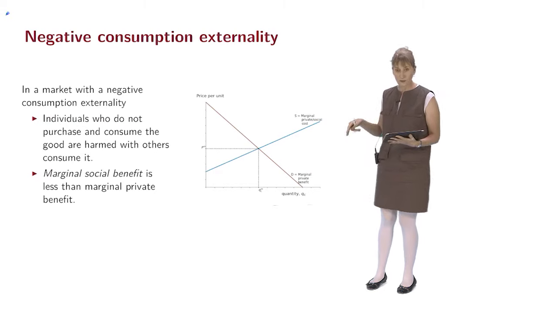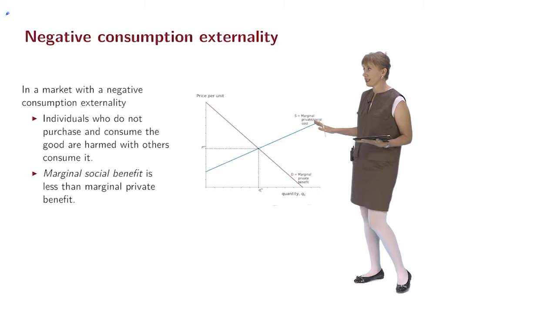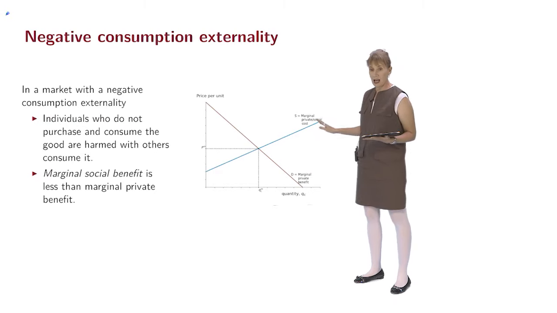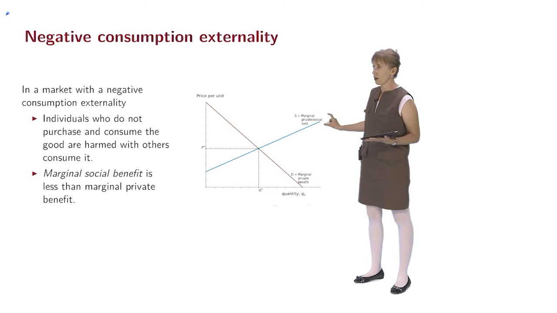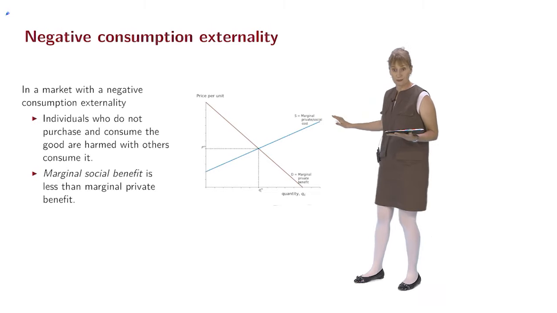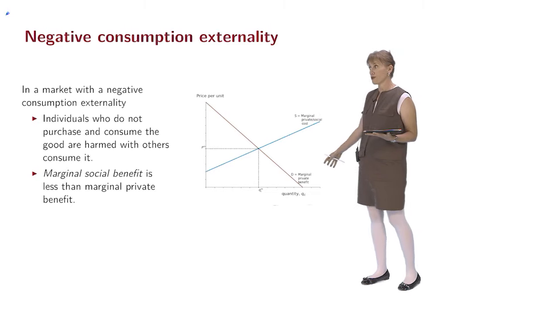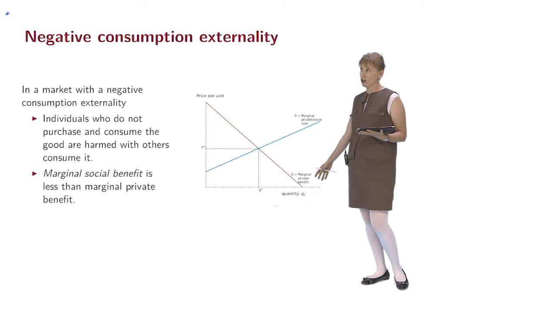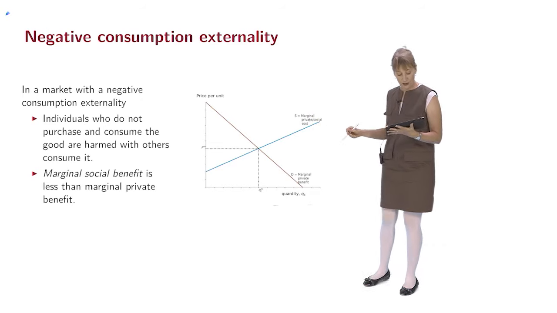So those who chose not to participate in this market transaction have negative consequences. So what we have here, again, is a standard supply and demand graph. And since this is a consumption externality, marginal private cost and marginal social cost are the same. Now the difference comes from our marginal private benefit curve.